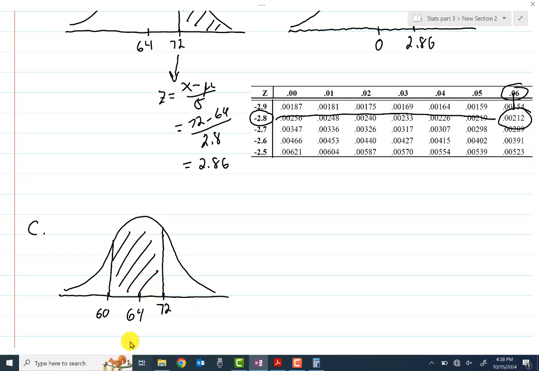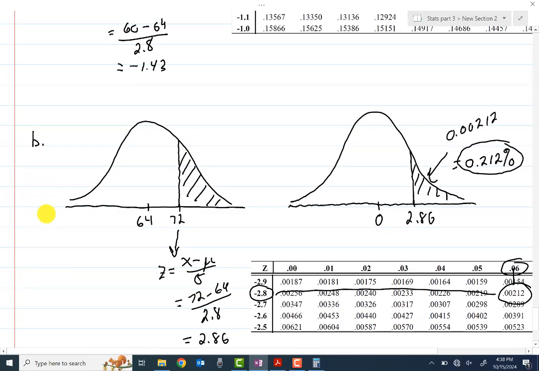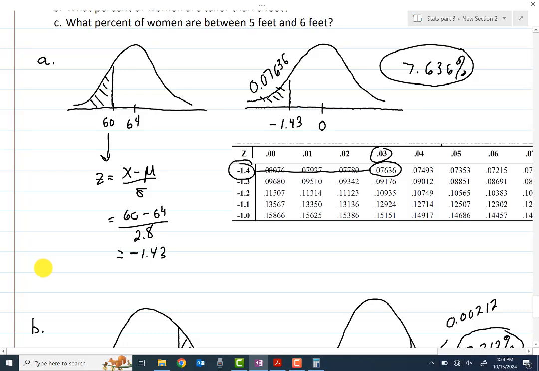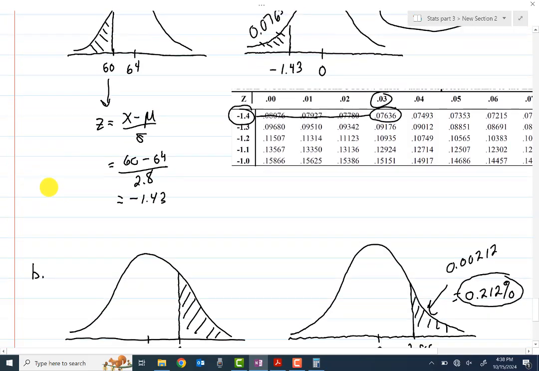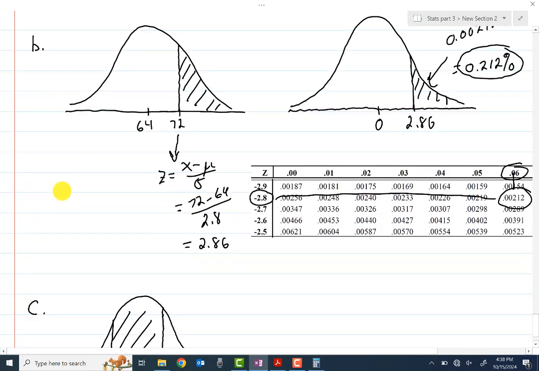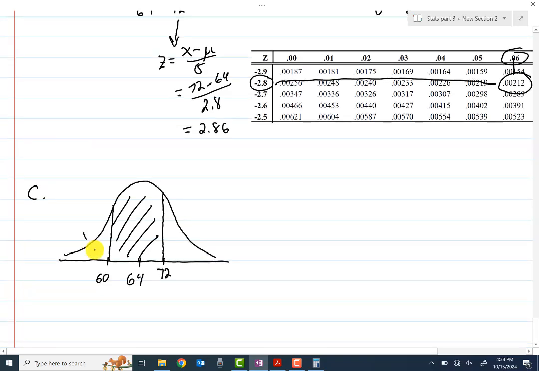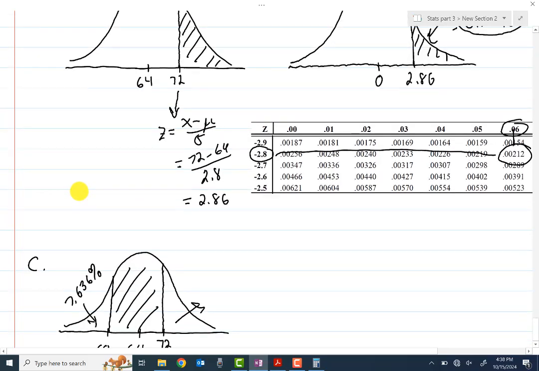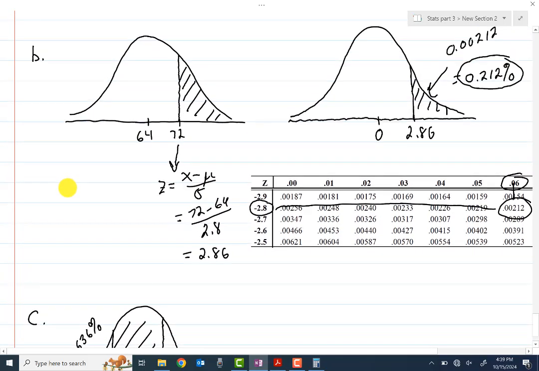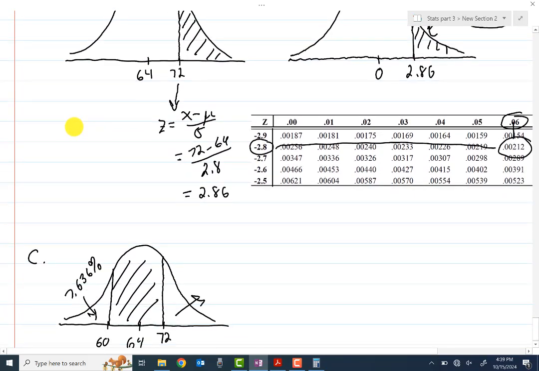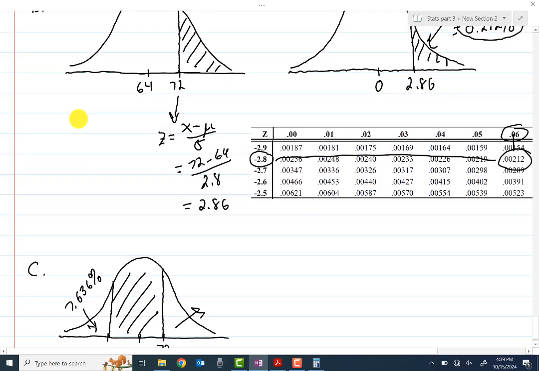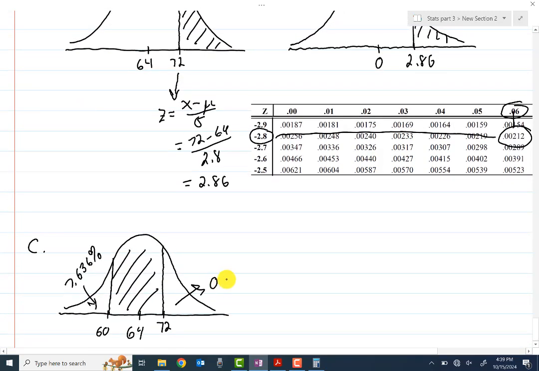Well, we've done the other two. We found the area here in the first part. Where was that area? That area was 7.636%. And this area we just found in the last one, that was 0.212%.